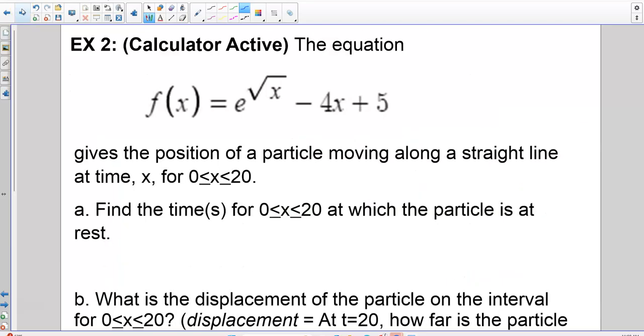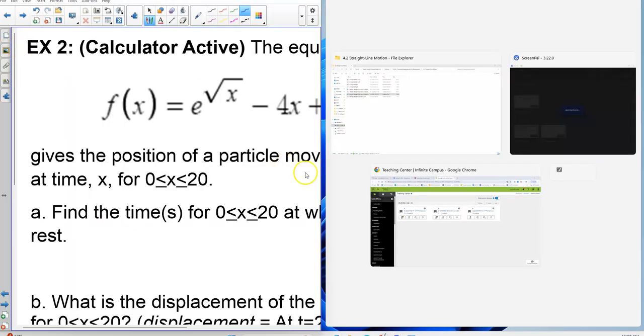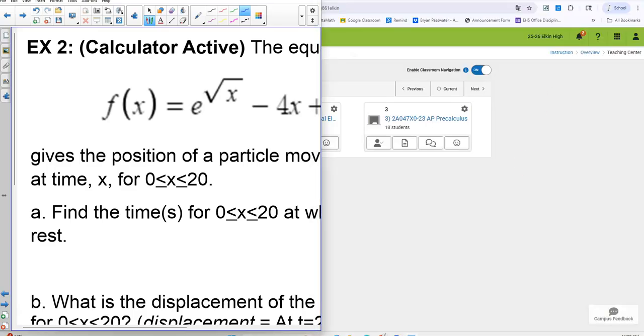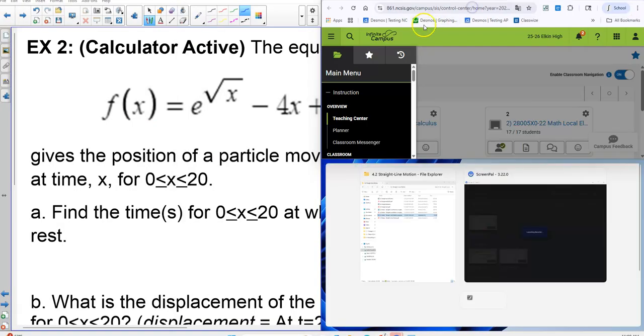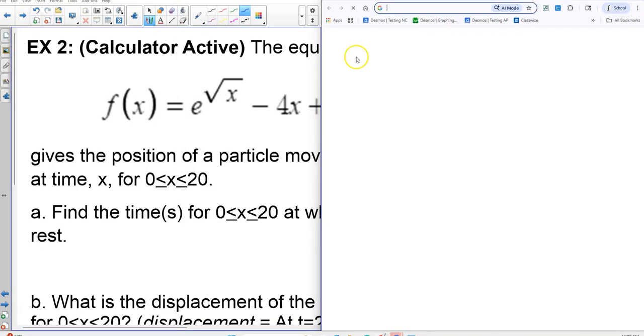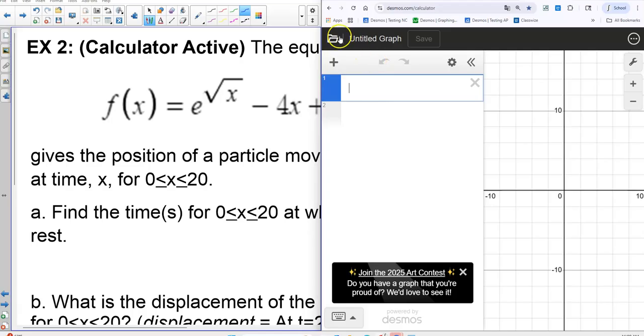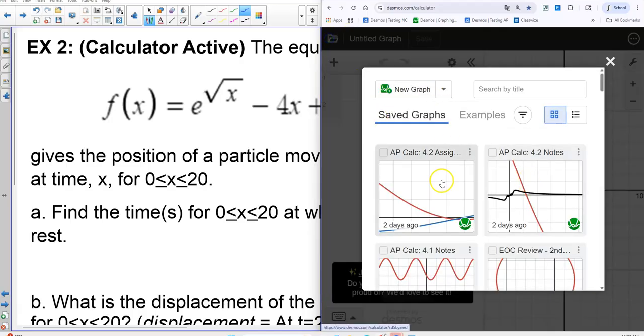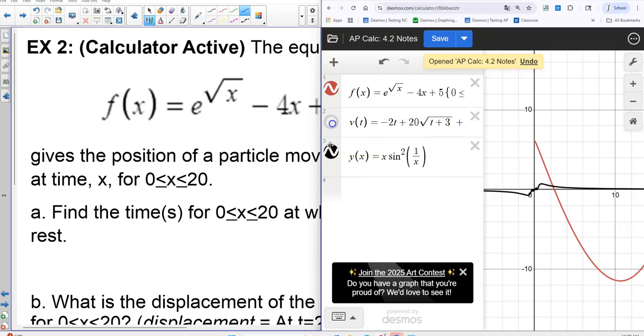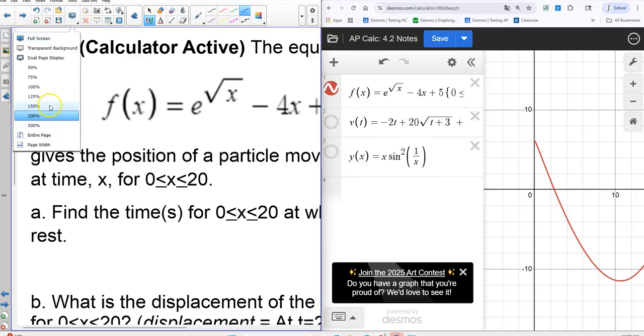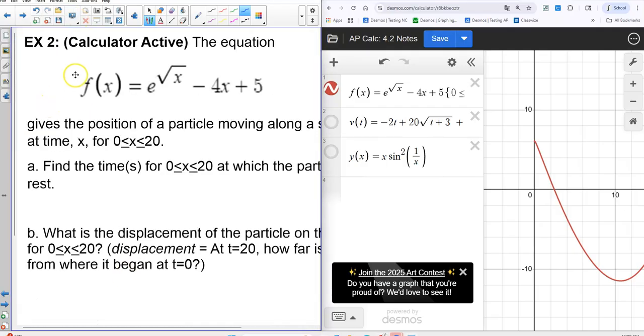Okay. This one's a calculator active question. If you have your computer out, you can type it in, or I will put it up here too. I think I might even have put these in here the other day. All right, so here is our position.